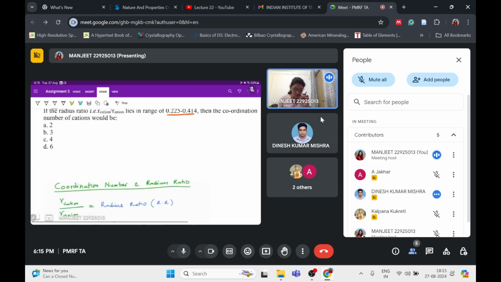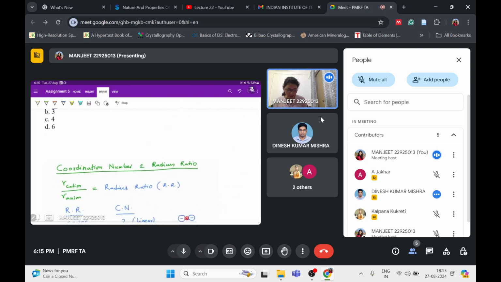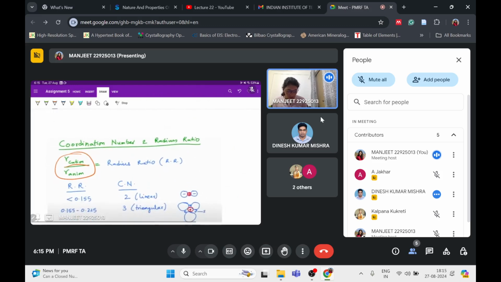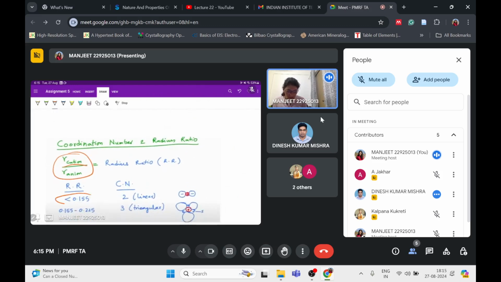The radius ratio is defined as R cation divided by R anion. If this is less than 0.115, then my coordination number will be 2, that is linear.